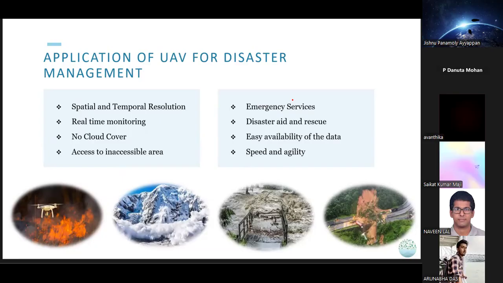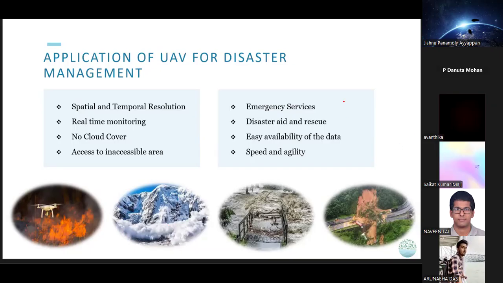If there is a warning for a glacial lake outburst flood, we cannot directly go there in person and assess the area because it is a risk to the person. So we can fly over the area and monitor the current level of the water, and if you have to evacuate or relocate the settlements from there, you can propose that using the drone images.